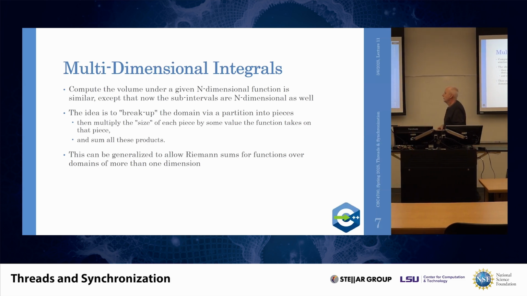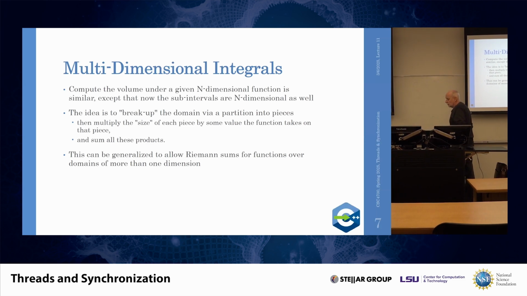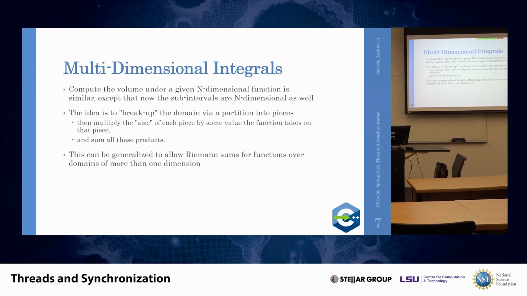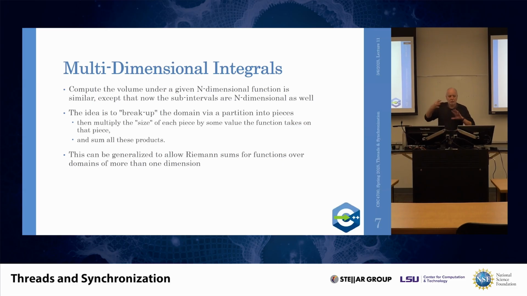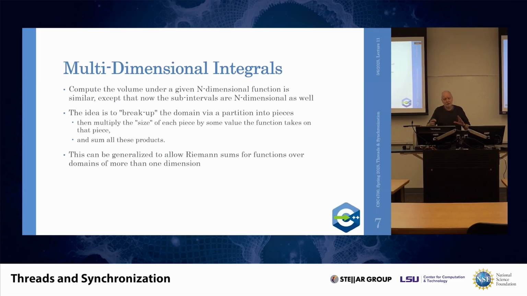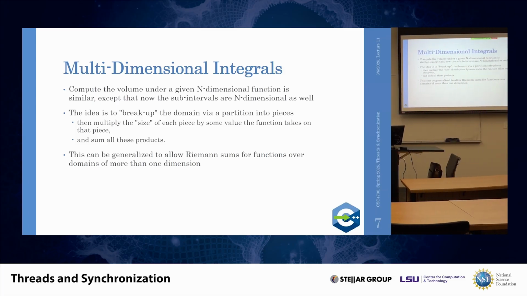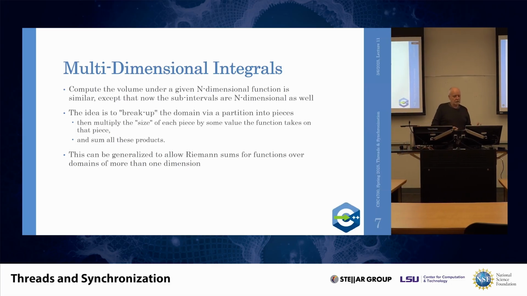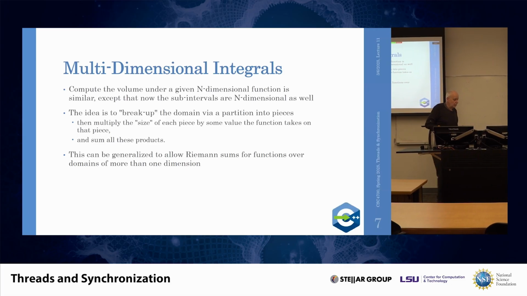You can do the very same thing for multidimensional functions. So if you have an n-dimensional function, a function depending on n independent variables, then we can compute the volume under that function in the same way, by discretizing the space along the axes of the independent variables into pieces, which gives us some n-dimensional volumes.